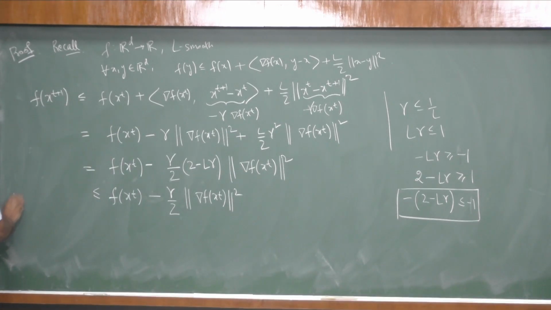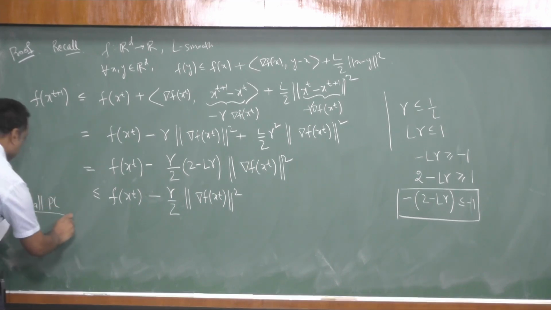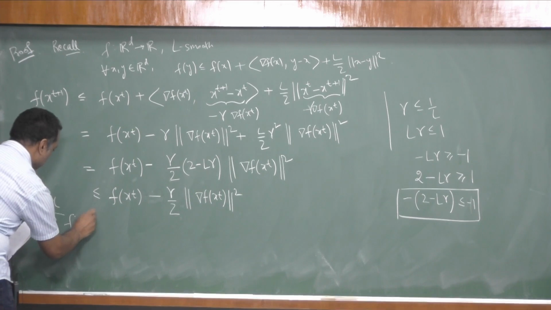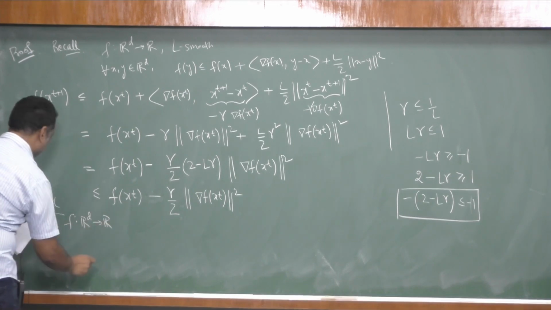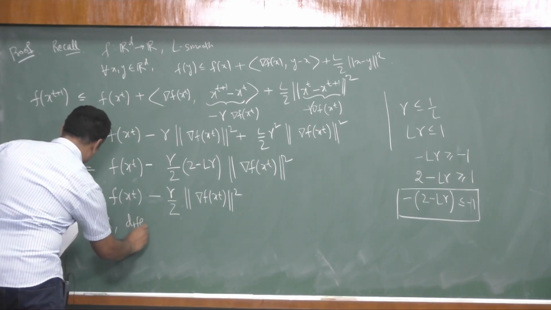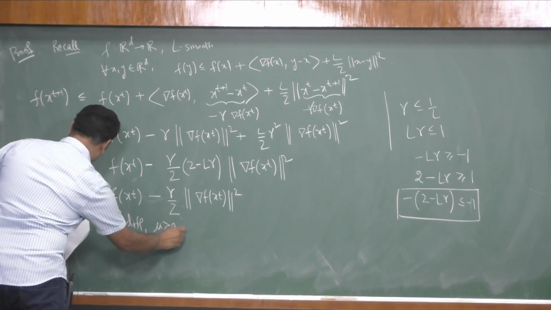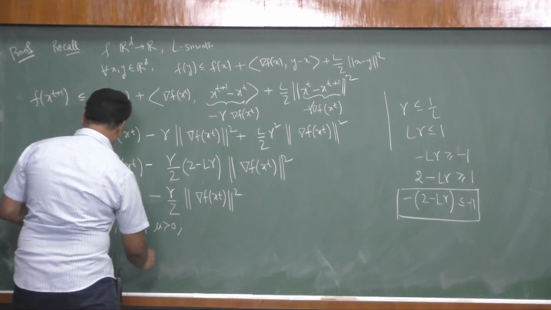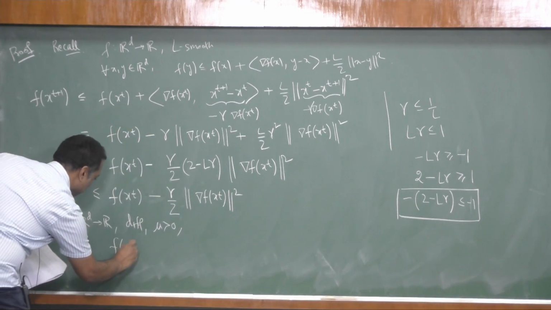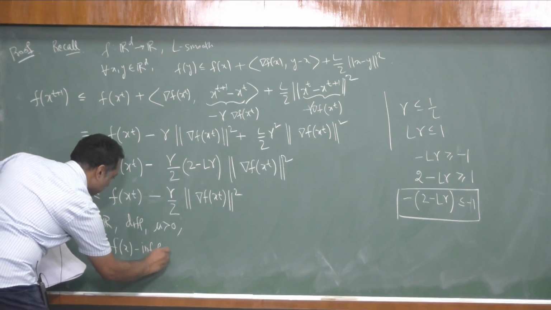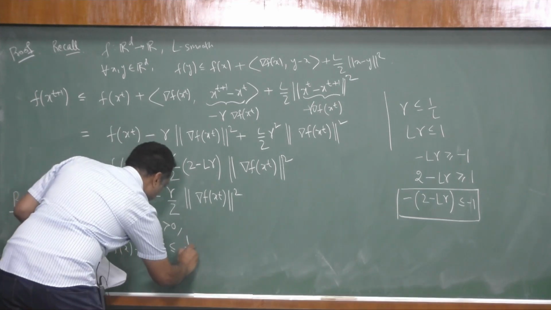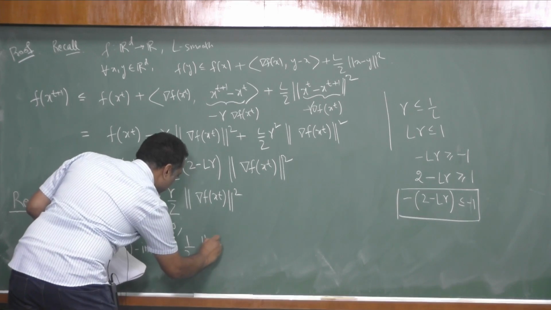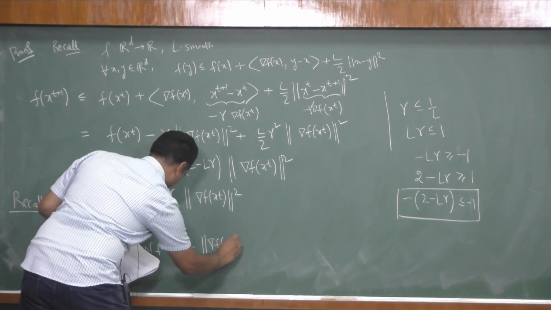Now recall the PL condition, which was f from Rd to R and differentiable, mu greater than 0, and this implies fx minus infimum of f is less than equal to 1 by 2 mu norm of grad fx squared.